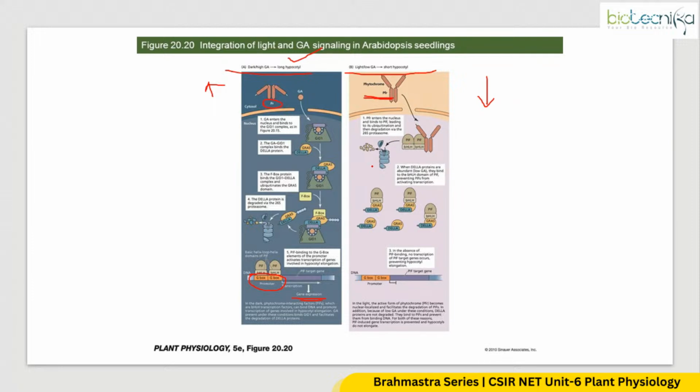So your transcription factor is degraded now. Also the repressors are active here, so repressors also will target the PIF for degradation. When transcription factors are undergoing degradation, there won't be any gene expression.